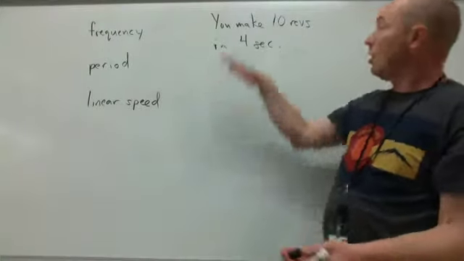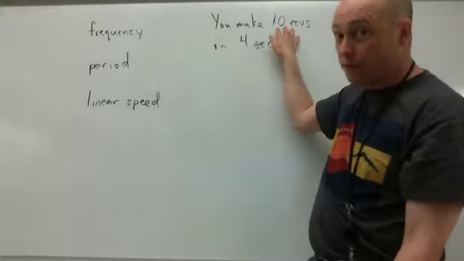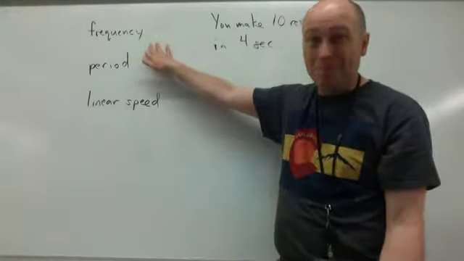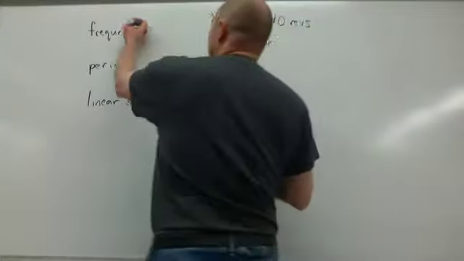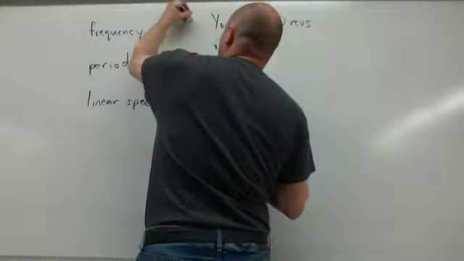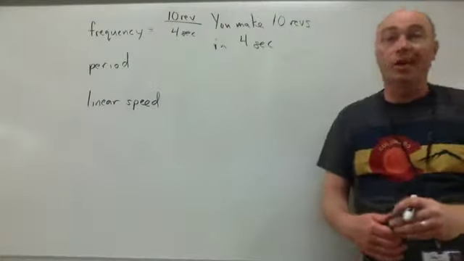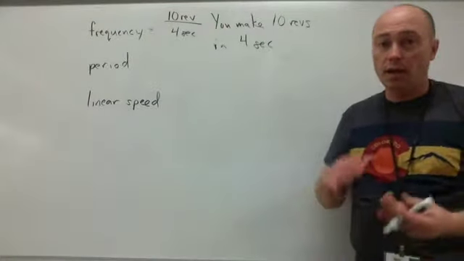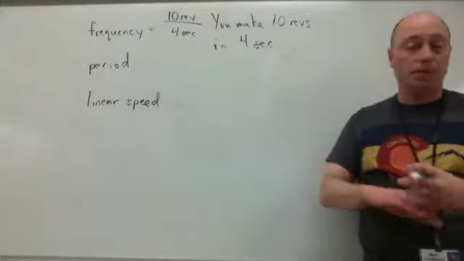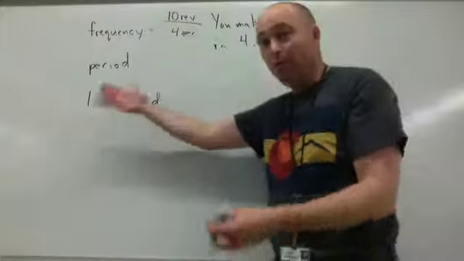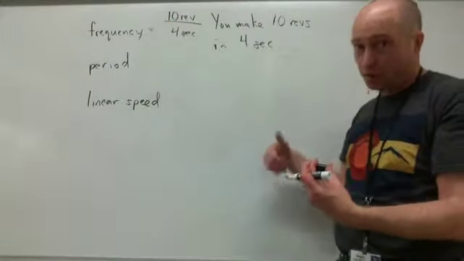I'm going to get 10 revolutions every 4 seconds. So my frequency would be 10 revolutions divided by 4 seconds, which comes out to be 2.5 hertz. But again, don't memorize it. Think about it, understand it. It's called frequency because we're talking about how frequent something occurs.